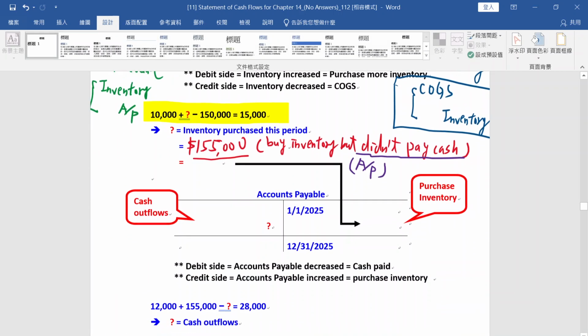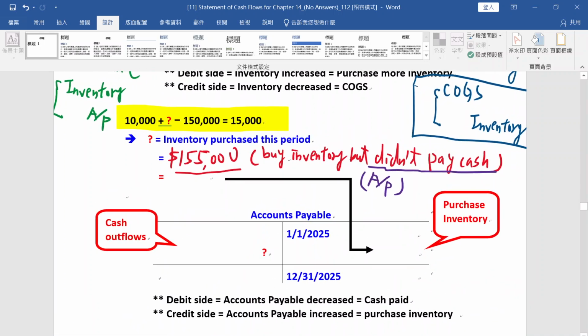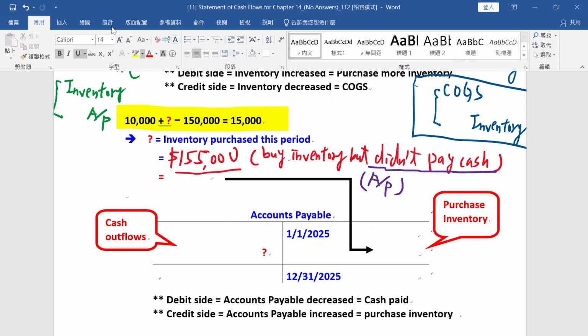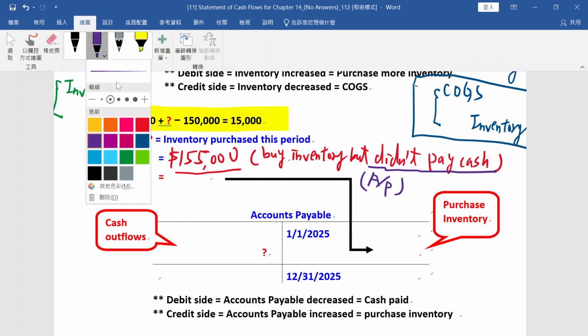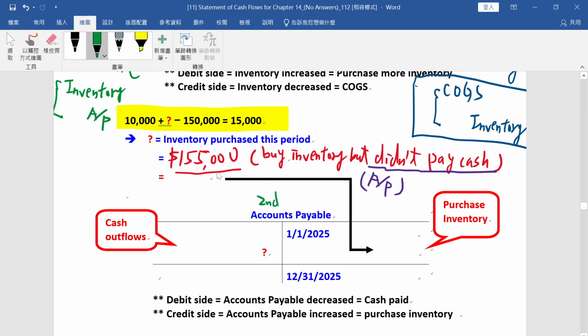So did you find out? We go to our second friend, accounts payable. So accounts payable is our second friend, your second friend. Okay. So still, accounts payable is your liability.